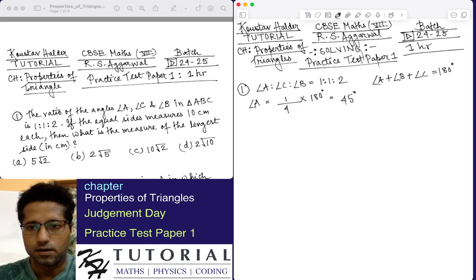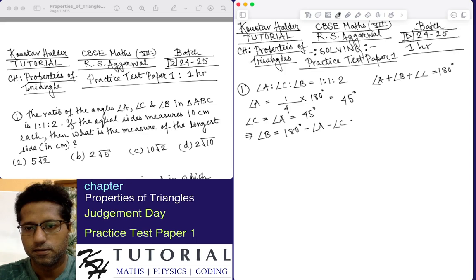Okay. Now since the terms for A and C in the ratio are equal, angle C is also equal to angle A, which is 45 degree, and we can now say that angle B is equal to 180 degree minus angle A minus angle C, which is 180 degree minus 45 degree minus 45 degree.